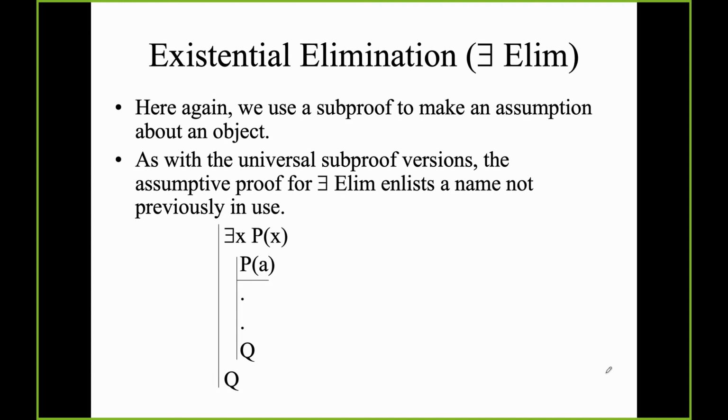Okay, so here's what we've got. On the, let's just call it the main line. It can be a subproof, but let's just call it the main line for the sake of clarity. You've got an existential claim. It doesn't matter if that existential claim is an atomic sentence or a compound sentence. Doesn't matter if the compound sentence is conjunctions, disjunctions, a combo of that, negations, right?